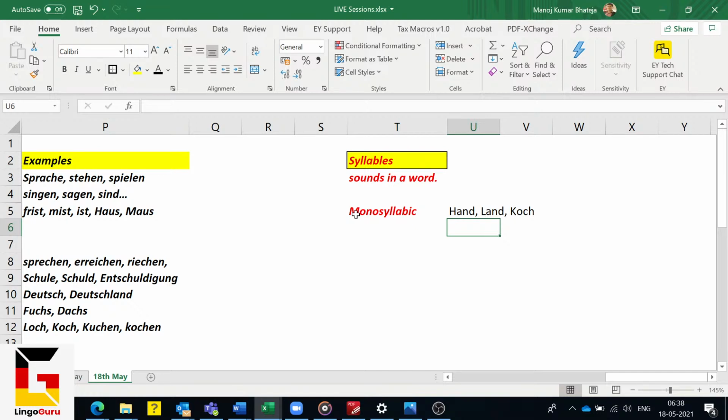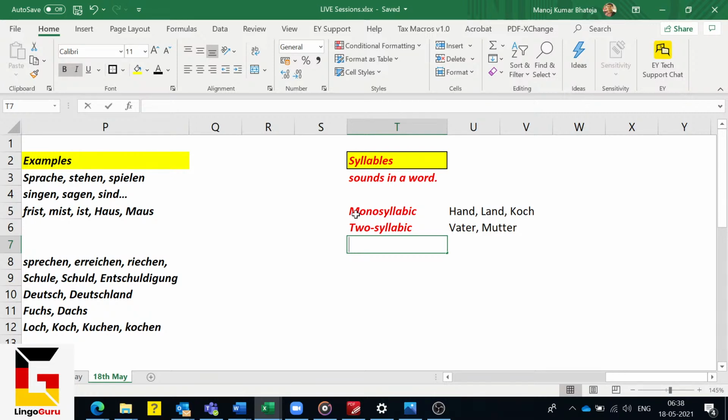We will create only one sound. Then we have two-syllable words, right? Vater, Mutter. There are two vowels you observe, so the sounds are also two.